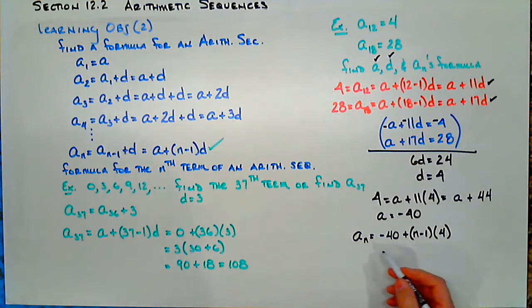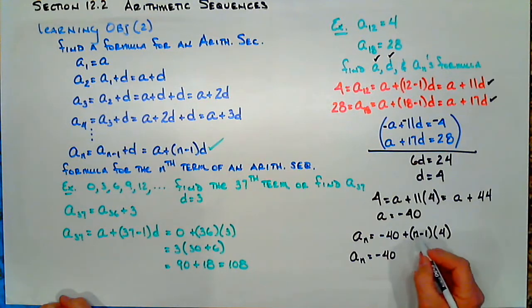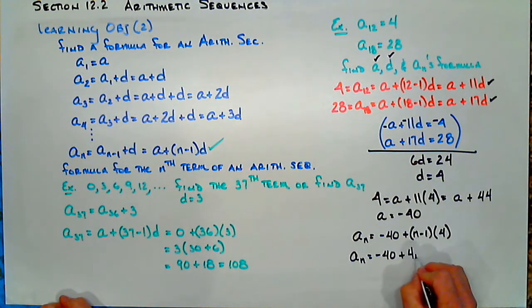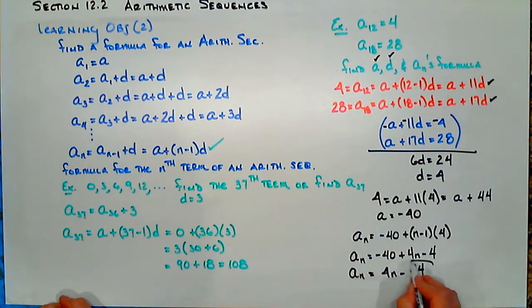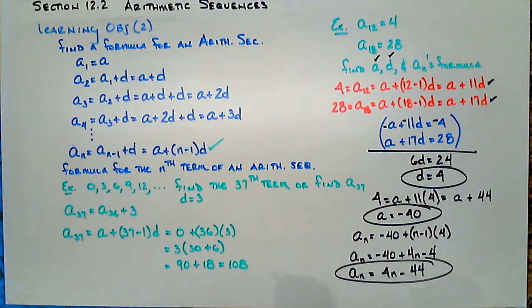So if we simplify this, what do we get? We get a sub n equals negative 40. 4 times n is 4n. 4 times negative 1 is negative 4. And so when we add this together, we get 4n minus 44. And that's our expression for a sub n. And we found all 3 parts. Okay? So that was our second learning objective.